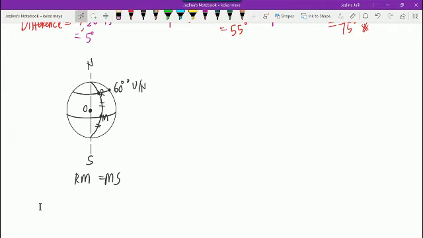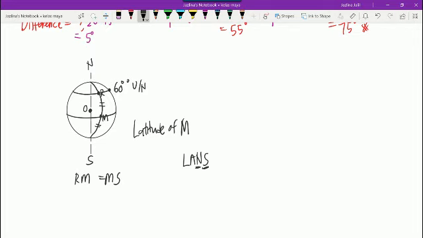Okay, now identify. The question is find the latitude of M. Find latitude of M. Okay, it involves latitude, so just remember latitude means it involves north or south. Okay, so if there's any information about north or south, that is the information that you need.